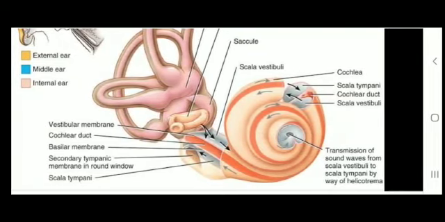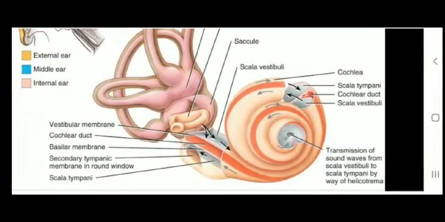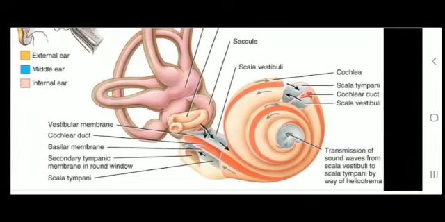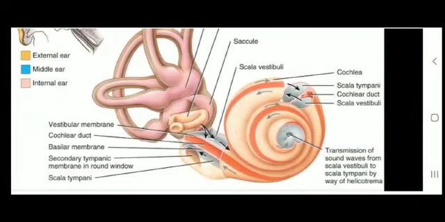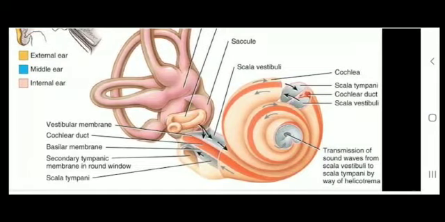See here, it's a spiral tube which turns around a bone called the modiolus. This transmits the vessels and nerves to the cochlea.